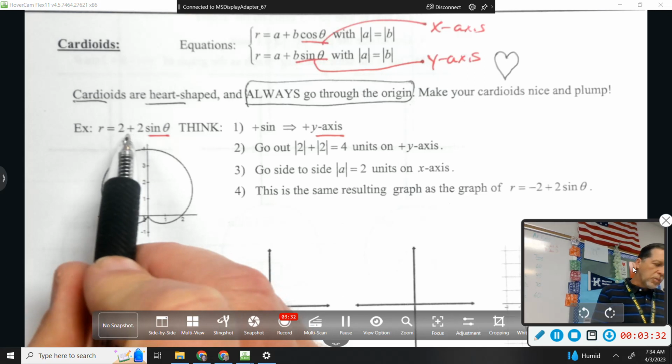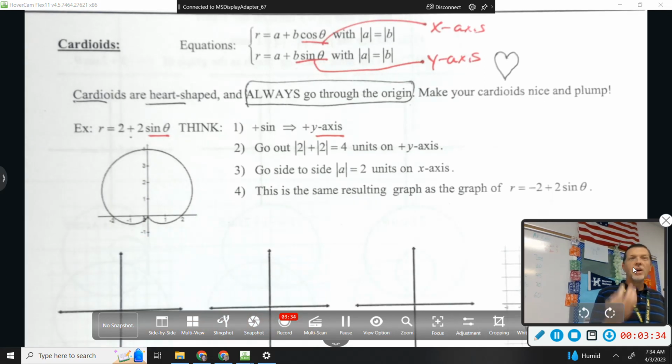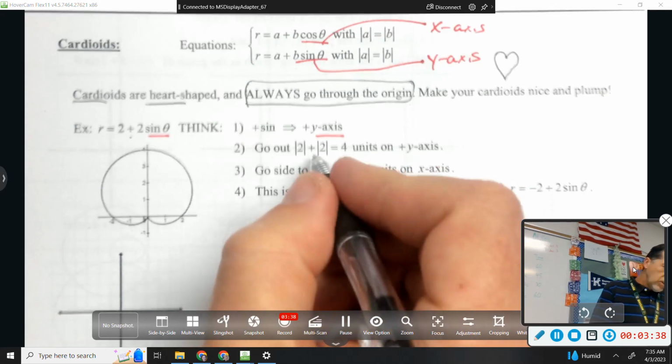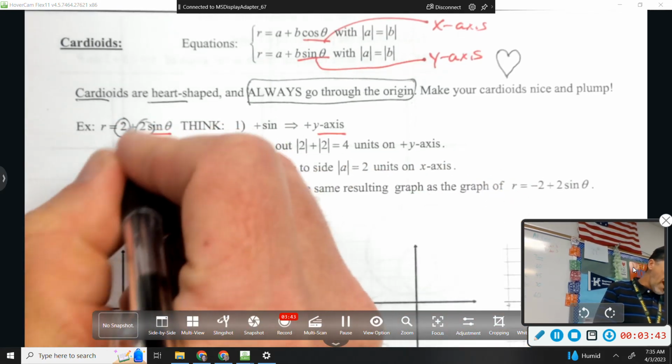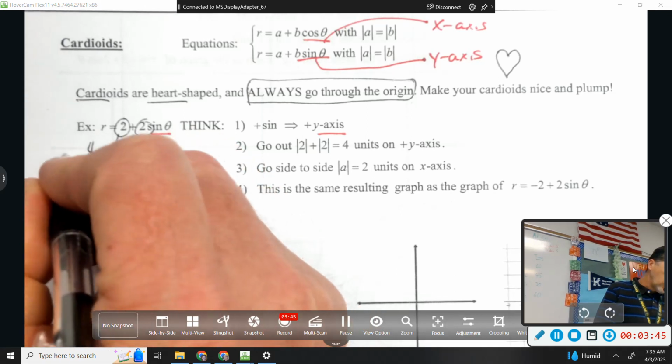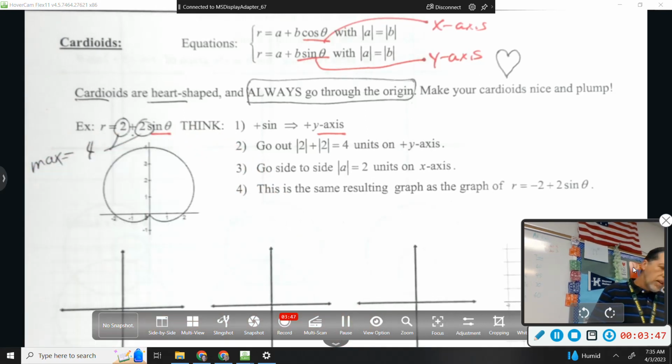And the sine is positive, so it'll be an up cardioid rather than a down cardioid. 2 plus 2 is 4, so that's going to tell you your max value. So the max is going to be 4, and it's going to be up 4 because it's a positive sine.